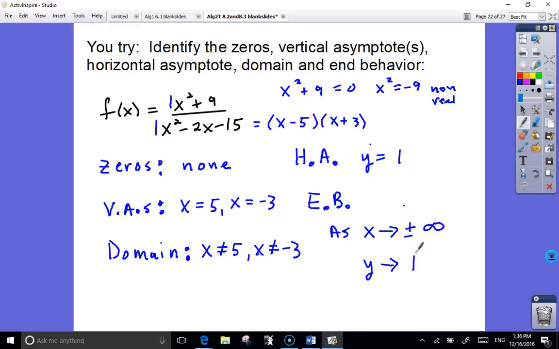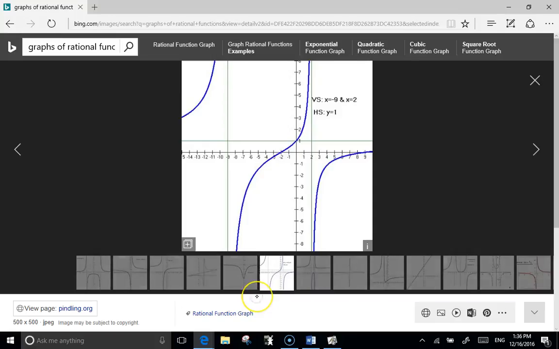Notice when I do the vertical asymptotes, I put an s at the end because you can get more than one. Why wouldn't I do the same thing with horizontal asymptote? Could a graph be approaching two different horizontal lines and still be a function?